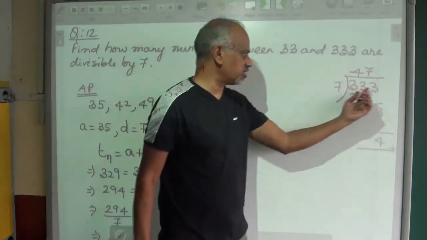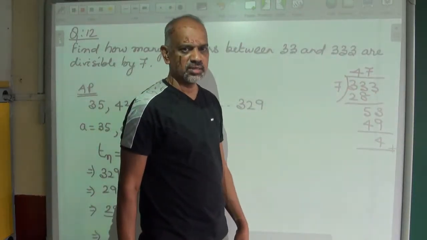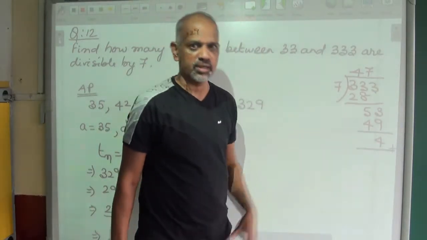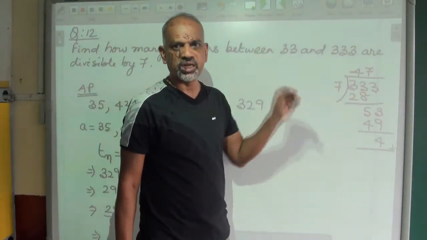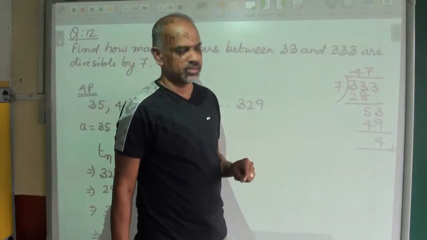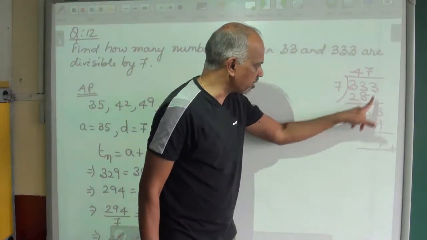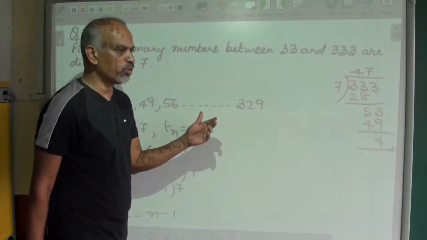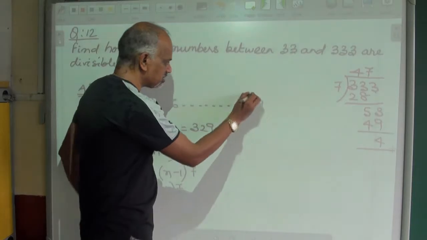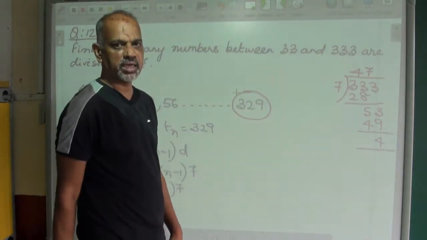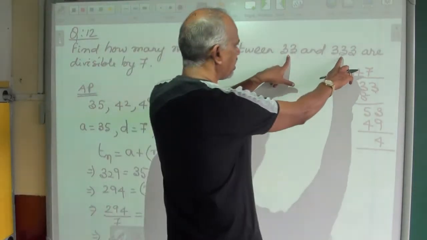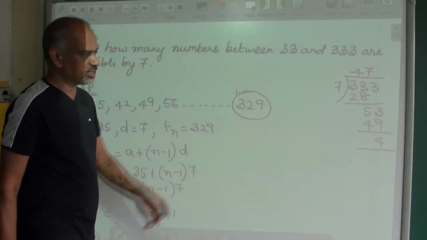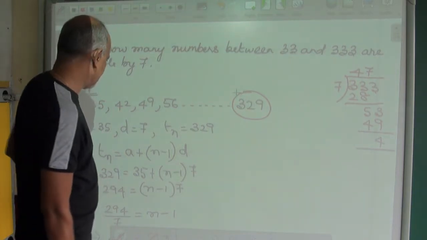Which means 333 was not divisible by 7. You get a remainder 4. So if that remainder 4 was not there, then the number would be divisible by 7. So what you do is, from 333, subtract 4. So that will give you 329 is your last number, which is divisible by 7 between 33 and 333. So 329 becomes the last number which is divisible by 7.